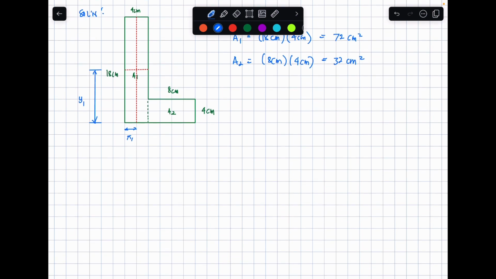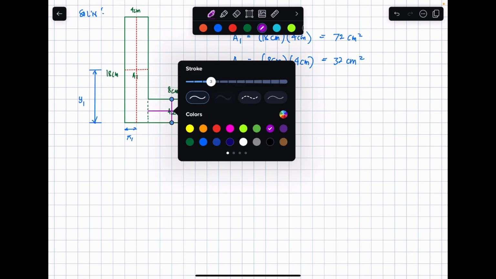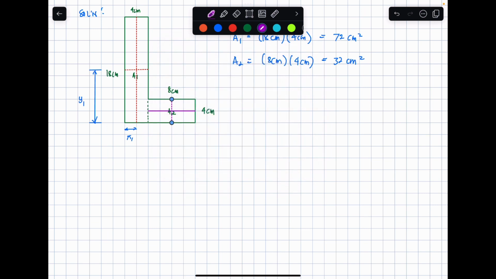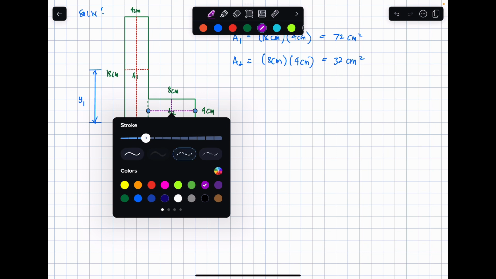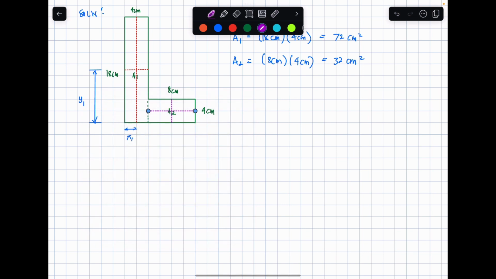And then for the other one, this is the center. Our x2, from the origin, this is considered the origin.